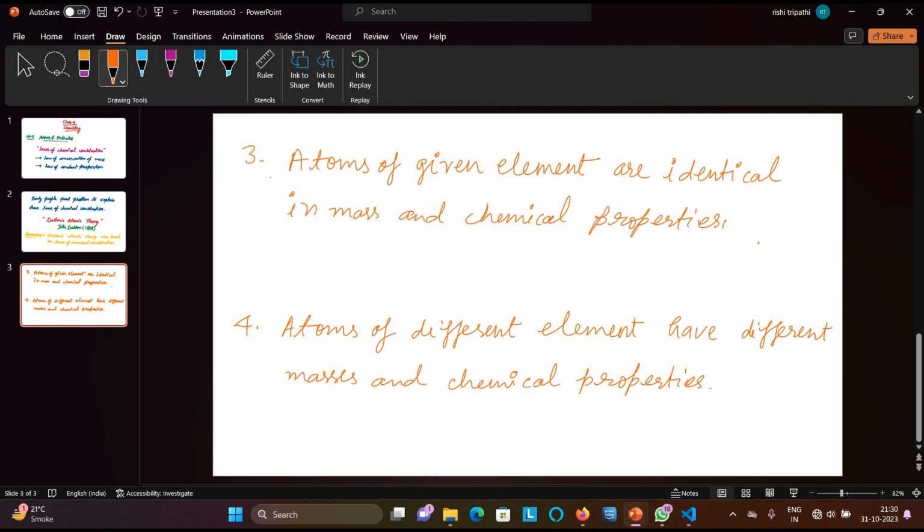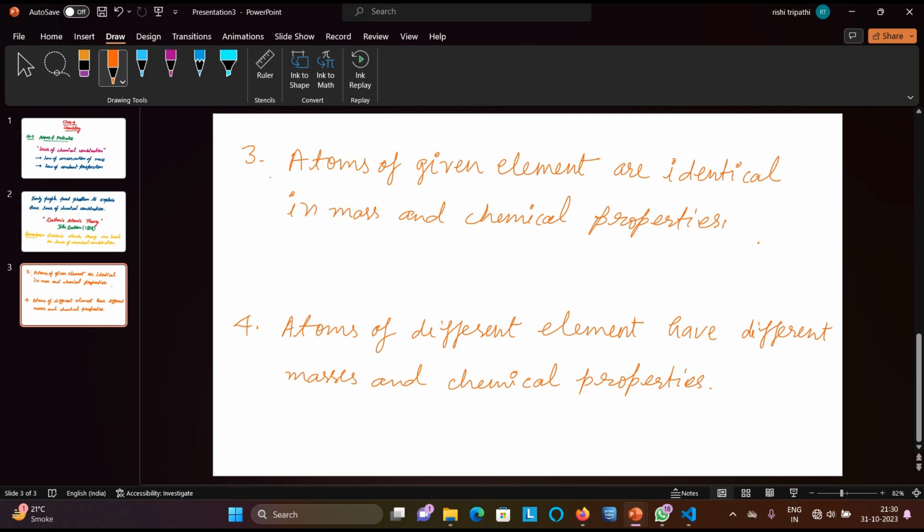It means that in the third postulate, in a particular element, atoms will be identical in mass and chemical properties, but when you are considering two different elements, elements are made up of atoms only.